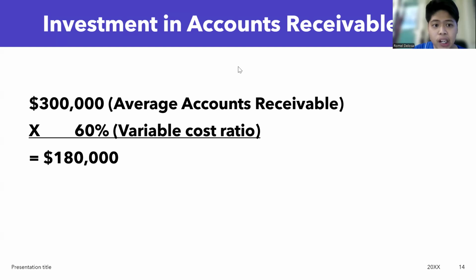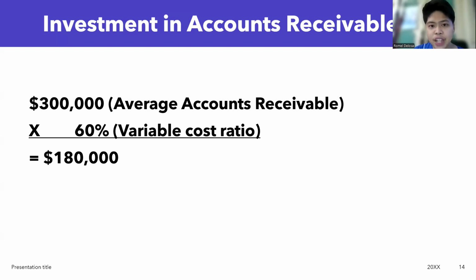Kasi, di ba 300,000 yung AR? Technically, ito yung sales on account mo na hindi mo pa nako-collect. Ang gusto mo kasing i-analyze is, what is the corresponding cost ng $300,000 na to? So that is $180,000. So this is what we call the investment in accounts receivable.